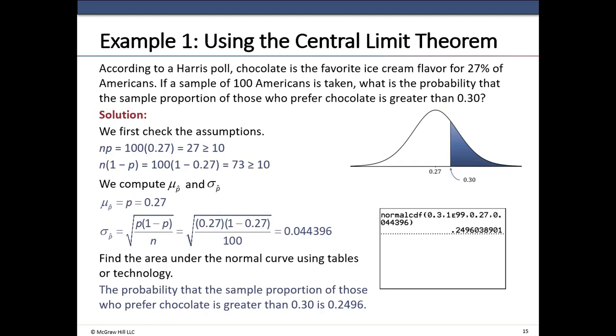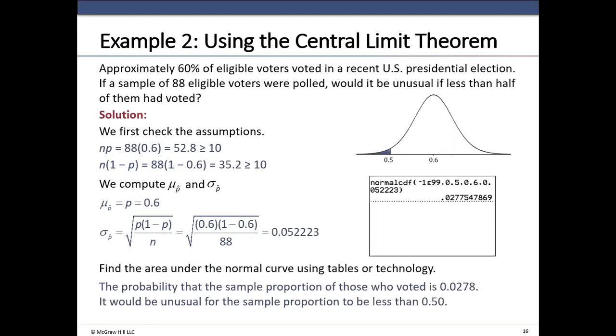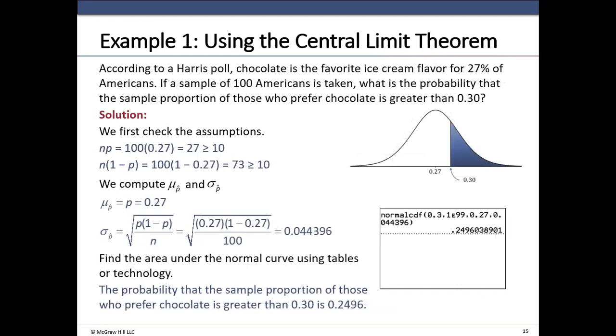What is your mean? Your mean is equal to the population proportion, which is 0.27. What is your standard deviation? So your mu is 0.27.